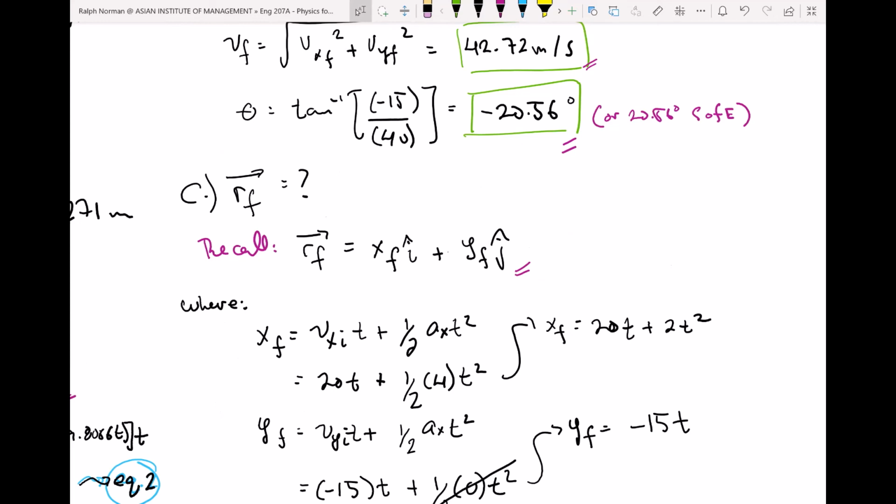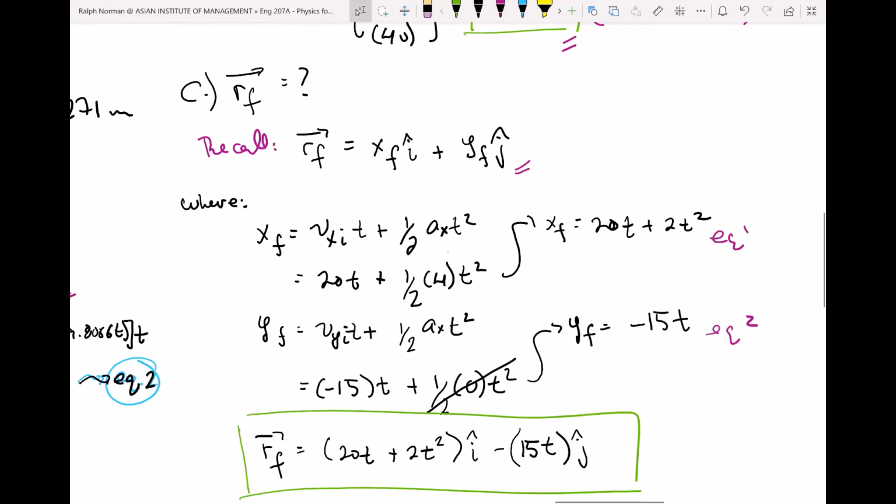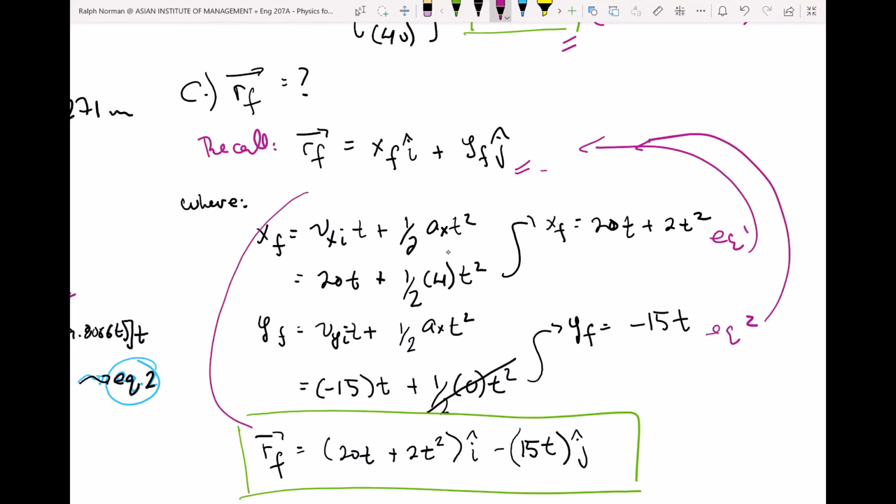We simply substitute the values to get equations 1 and 2, and then substitute them into the known expression above, and you would yield an answer here. This is your x and y coordinate represented as such at any given time t.